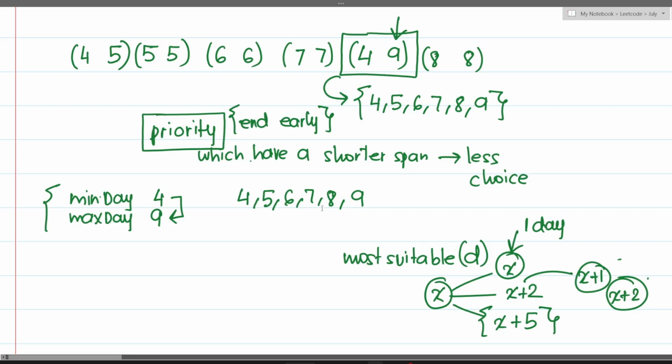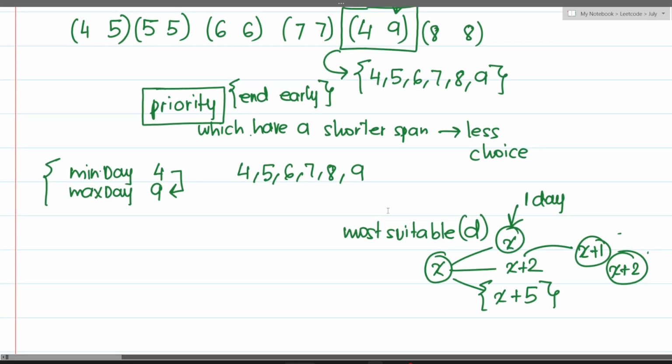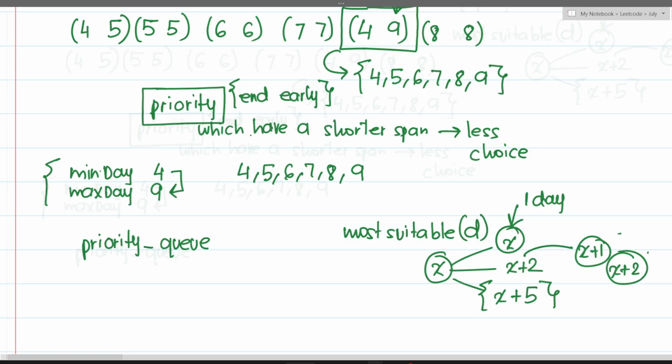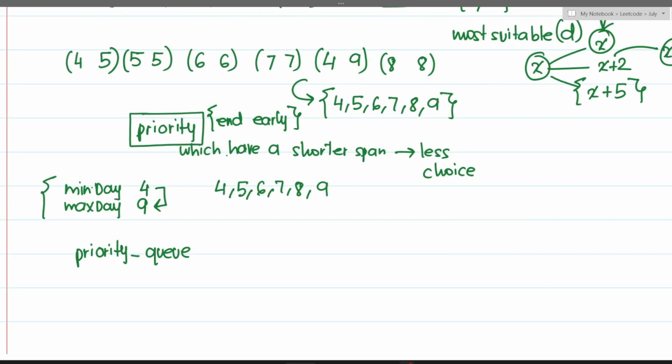And now, since we are talking about priority, which data structure comes to mind? The first thing that comes to my mind is a priority queue, isn't it? A priority queue. But then how exactly are we going to use it? Let's see. So what I'll do is, after having calculated minimum day and maximum day, since I have this range now, I will sort the array.